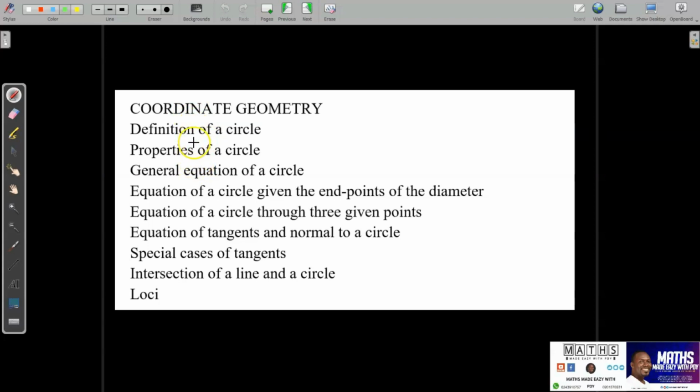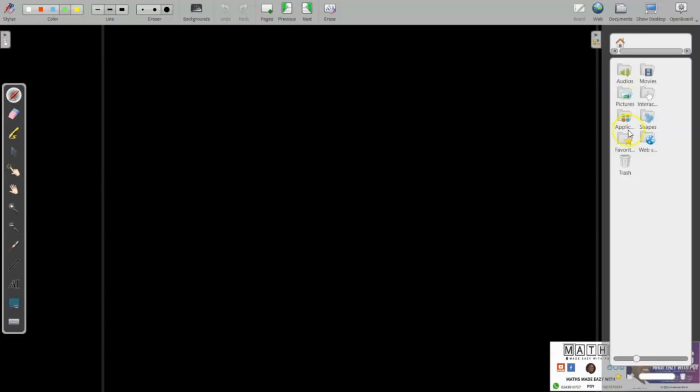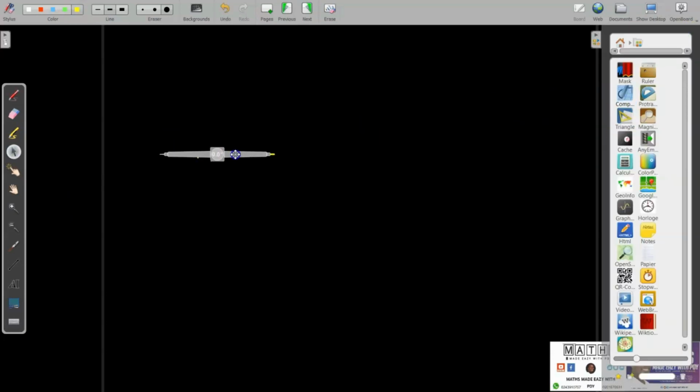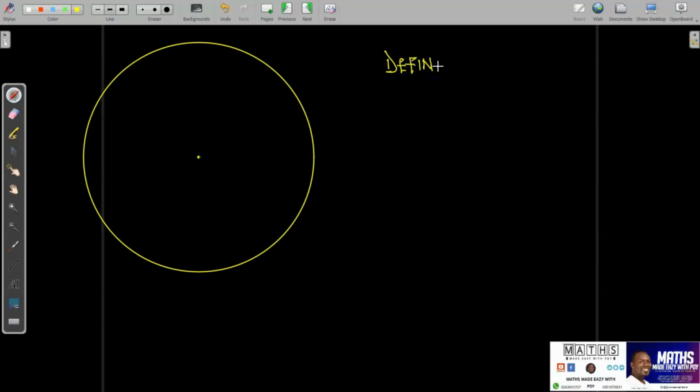So without wasting my time, let us move on to the definition of a circle. But before that, let me draw my circle. Someone will say that circle is a round object, for which I beg to differ on that.